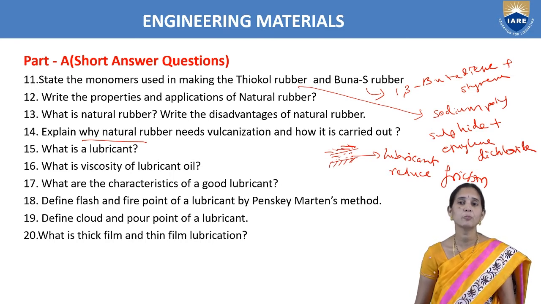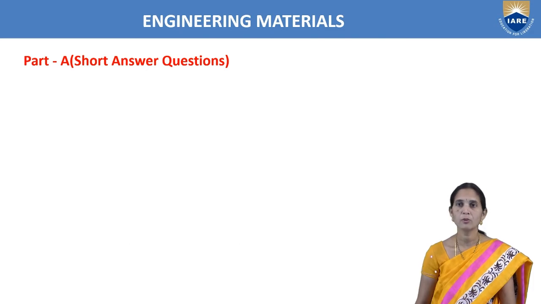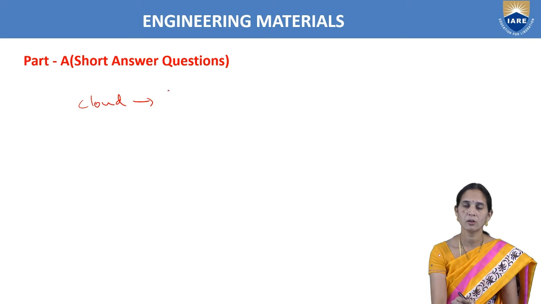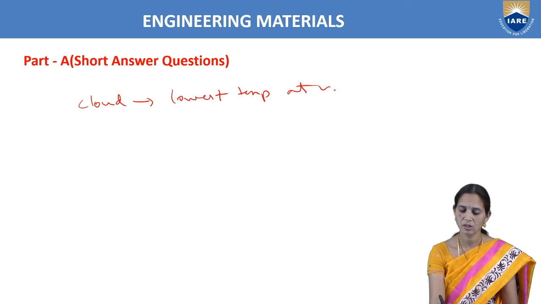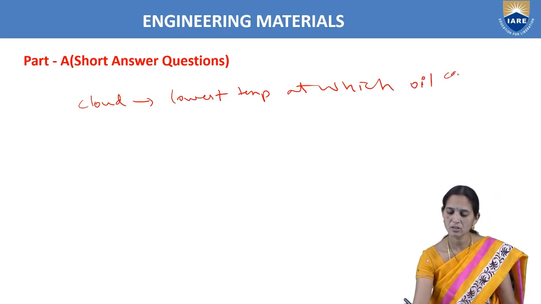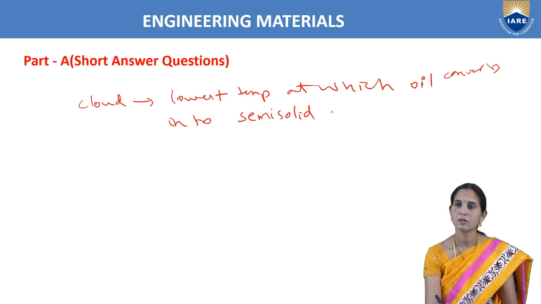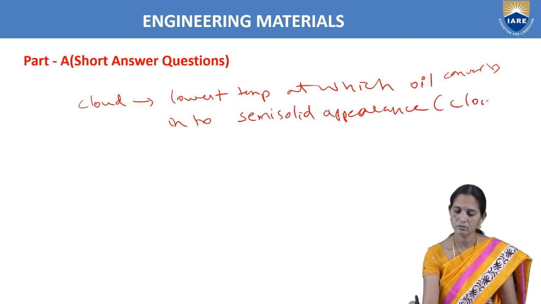Next, define cloud and pour point of a lubricant. Cloud point is the lowest temperature at which oil converts into a semi-solid, paste-like appearance, so like a cloudy look.